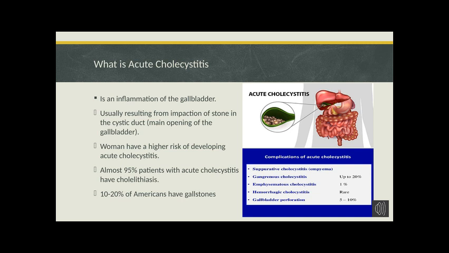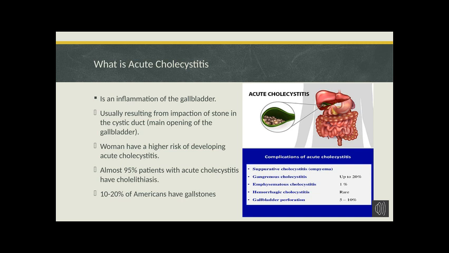It is usually resulting from the infection of a stone in the cystic duct. The cystic duct is the main opening of the gallbladder. About 10 to 20% of Americans have gallstones. Almost 95% of patients with acute cholecystitis have cholelithiasis.